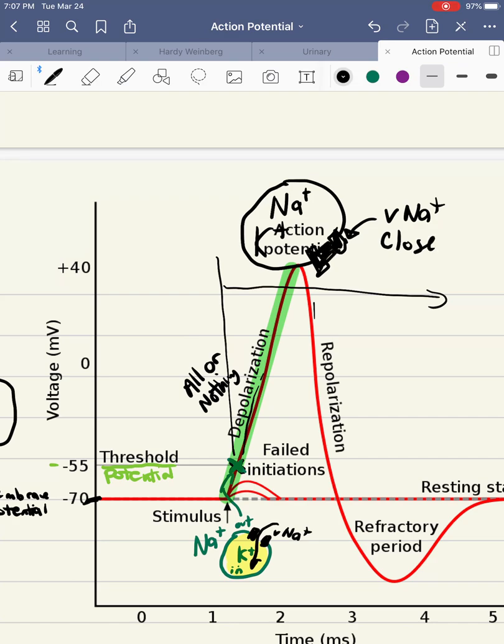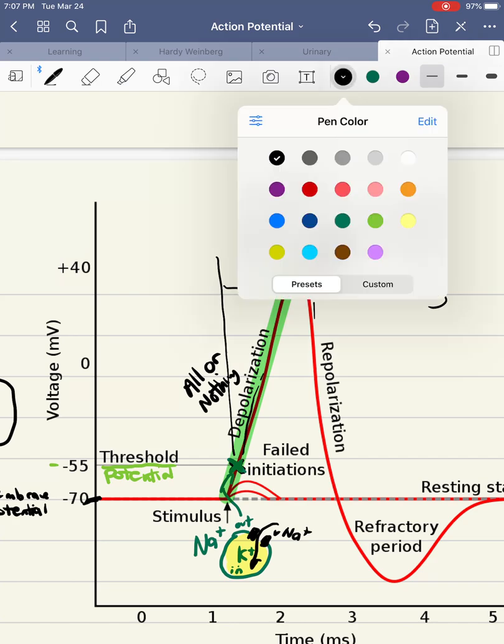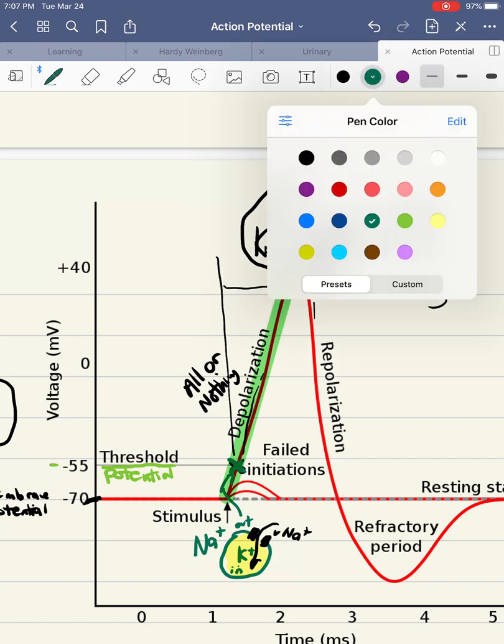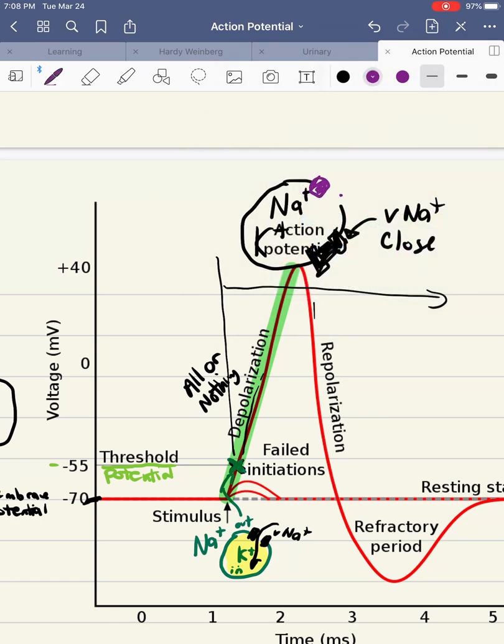So I'm going to close this up. And at positive 40 millivolts, you have another channel at play. I'm going to draw that in purple. You actually have the opening of voltage-gated potassium channels. Notice I said voltage-gated because they open up based on charge.